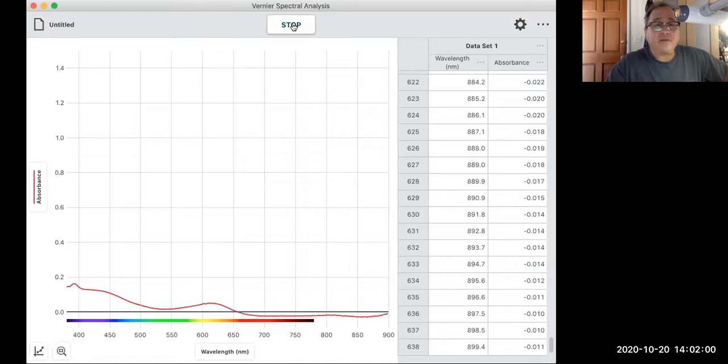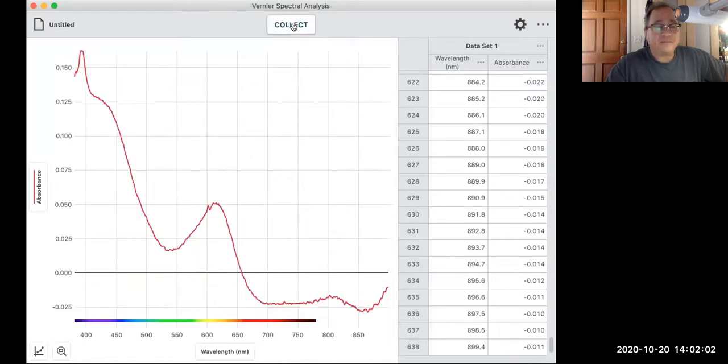Okay, and now I'm going to push stop. So this is that green solution. And if we take a look at it, it's different than the other solutions. It looks like we have, if you will, two peaks here. And let's take a look at yet another solution here.